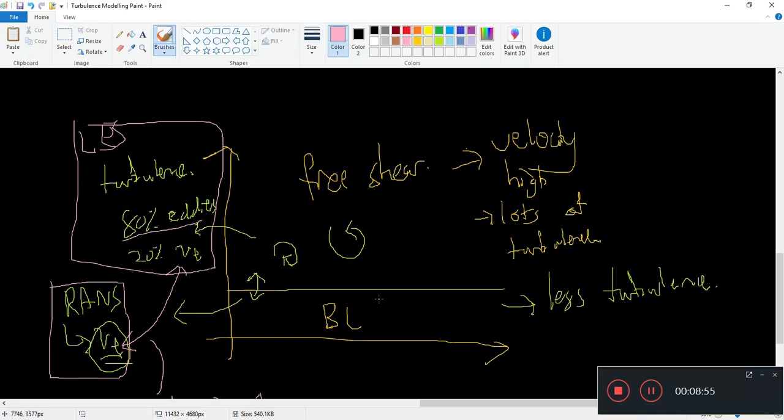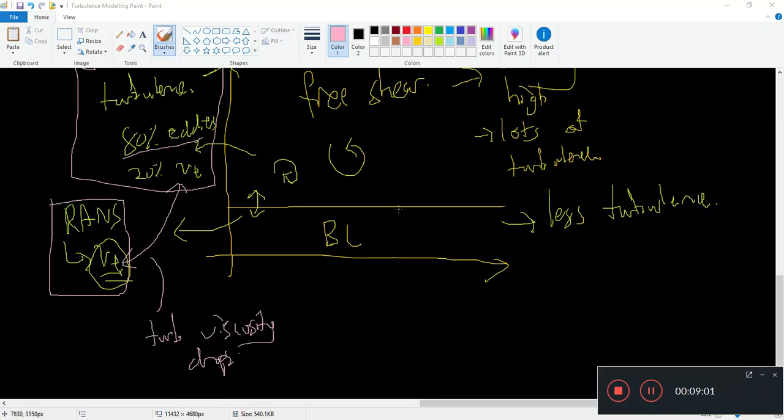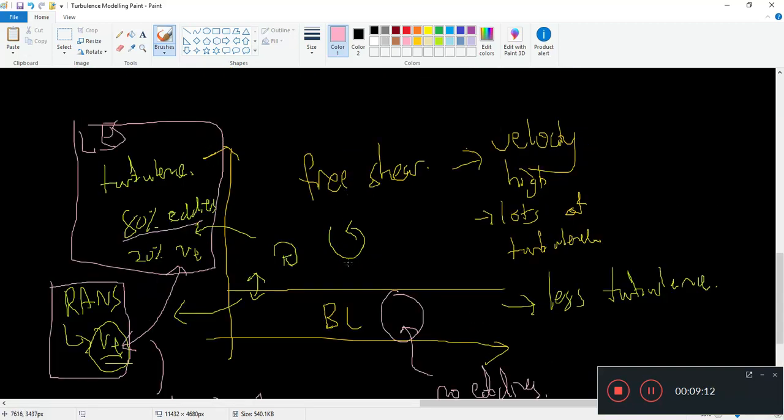Now that's a bit difficult if over here you don't have any eddies. And over here suddenly you need to artificially generate eddies in this transition region, right?